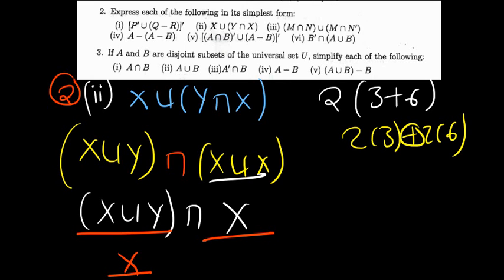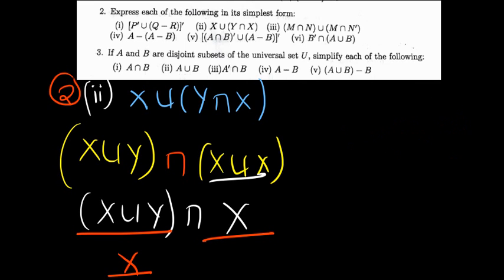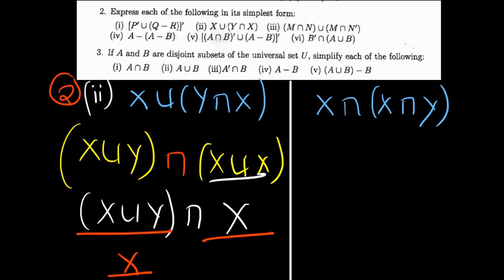Now let me try to see what you're thinking. Let me try to assess you, and it's okay if you get it wrong. What would you say if we had X intersection Y? What would be the answer in such a case if we didn't have union but we had intersection?